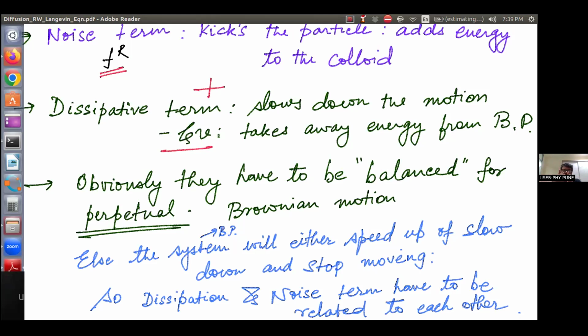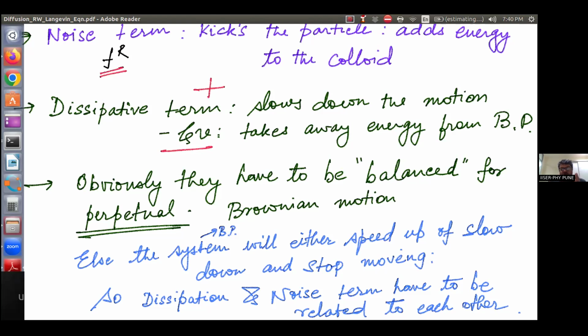There is a force opposing its motion through the fluid. It's dissipating energy. It slows down the motion. Its direction is minus zeta v. If the velocity of the colloid is v, then the force acting is opposite to the direction of its velocity. Minus zeta v takes away energy from the Brownian particle.